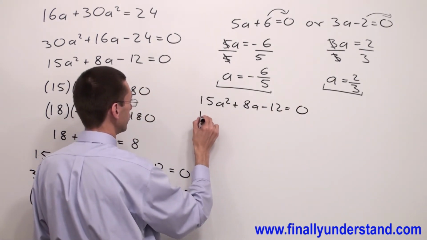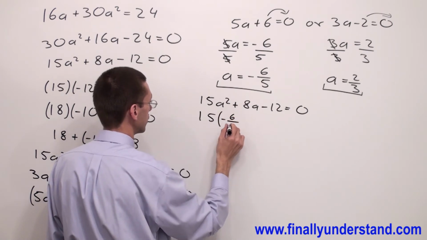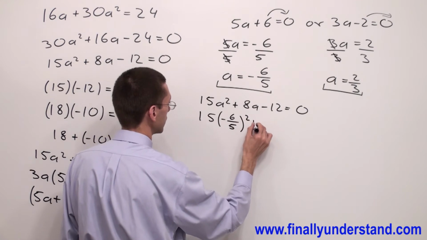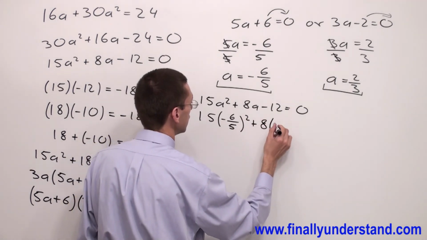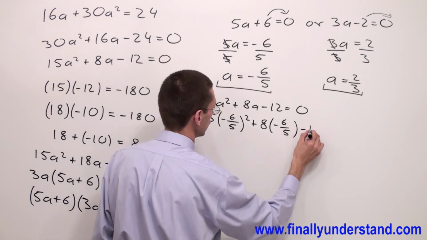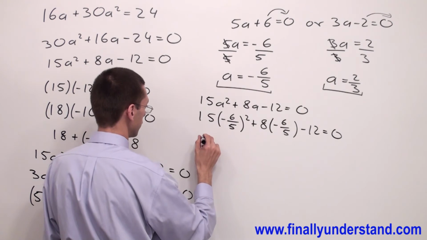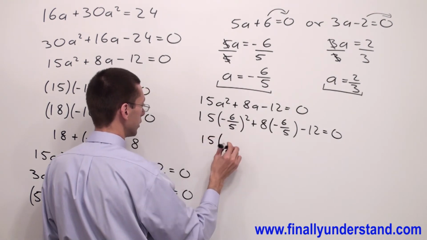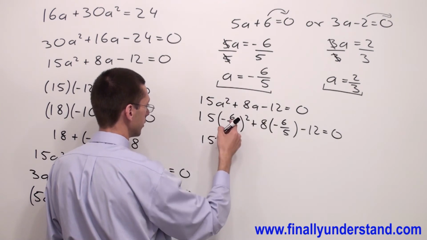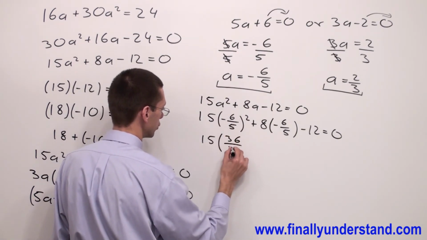We have 15 times negative 6 over 5 to the second power plus 8 times negative 6 over 5 minus 12 is equal to 0. I have 15, negative to the second power is positive. 6 to the second power is 36 over 25.